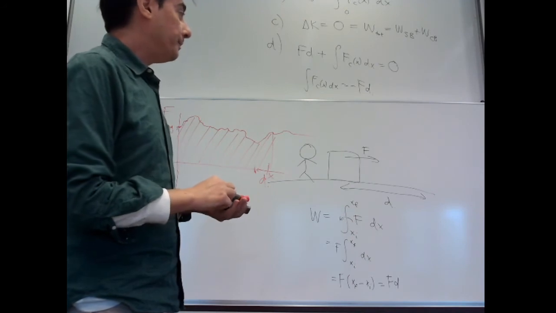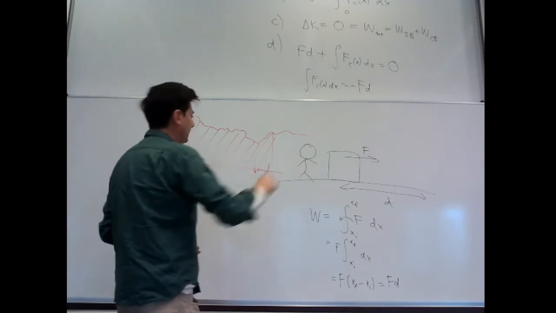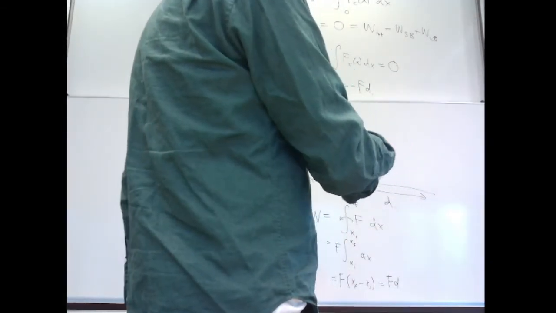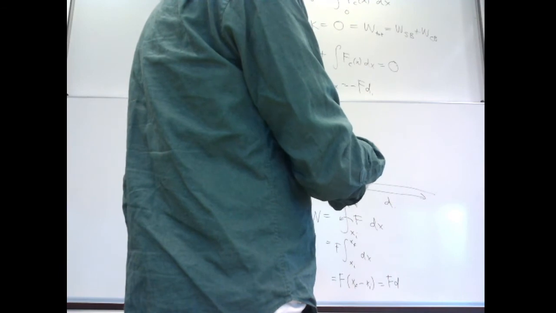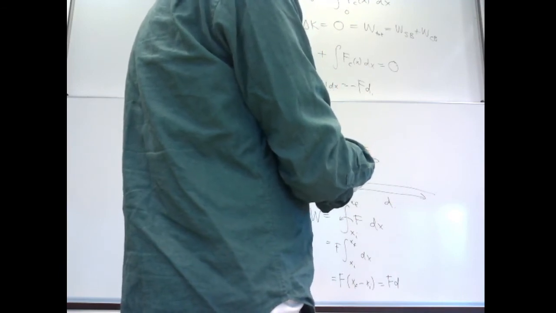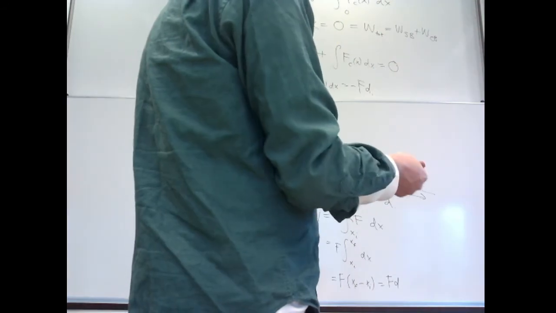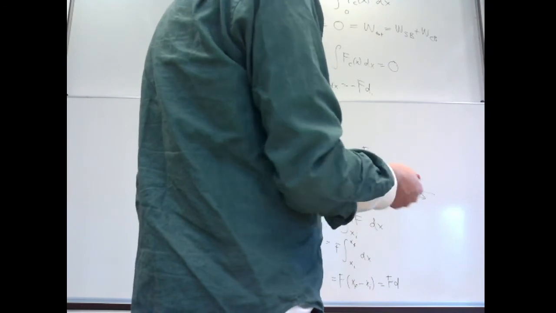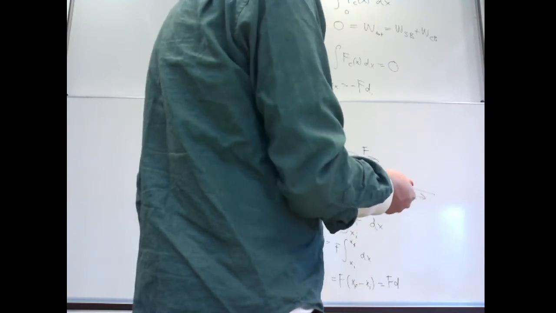But the thing is, we don't have to calculate that integral. We know that the total work done on the system is 0, and this one we can calculate super easily. The force of gravity is always down, and the displacement is whatever you measure.